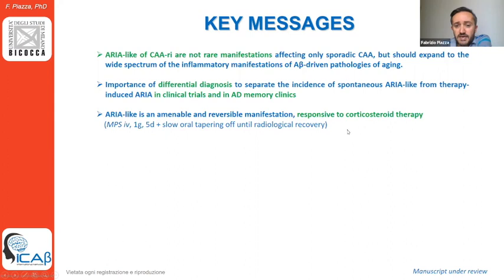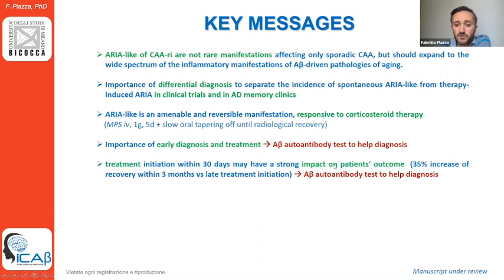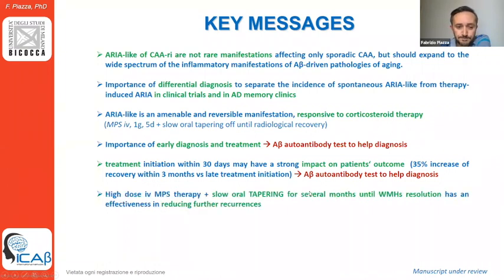These patients are responsive to corticosteroid therapy, and there is also the importance of early diagnosis and treatment. The A-beta autoantibody test that we developed can be very helpful in the diagnostic process, but also as a prognostic marker, in order to follow the therapeutic response and the prognosis of these patients after treatment.